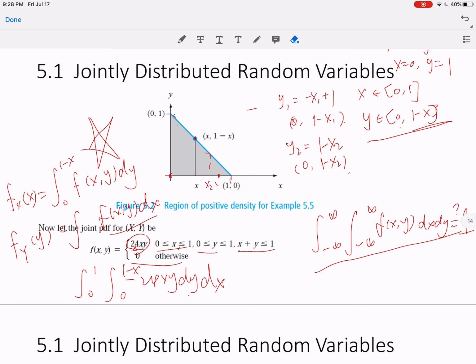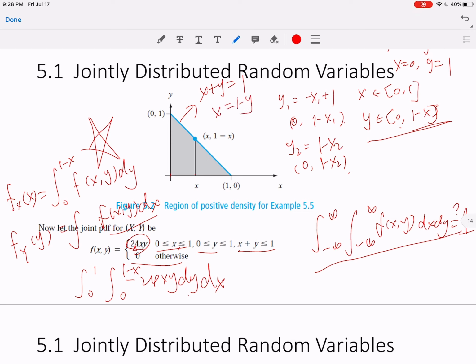We know that this line is x plus y equals 1. If you hold y fixed, you solve for x, so x is going to be equal to 1 minus y.